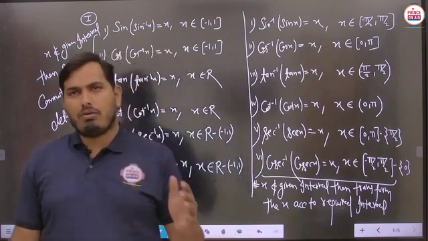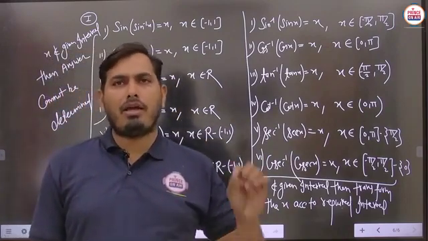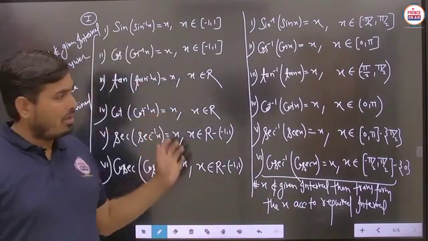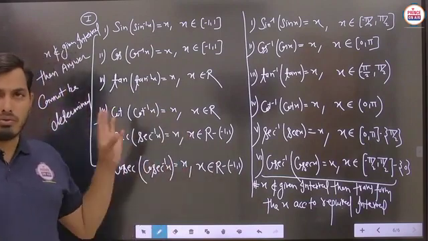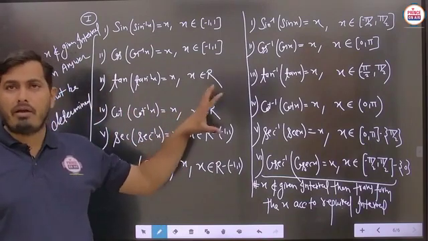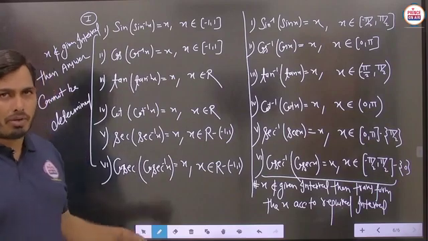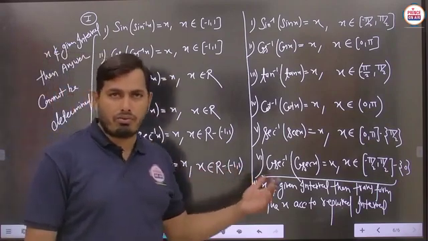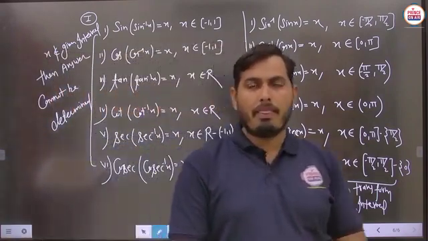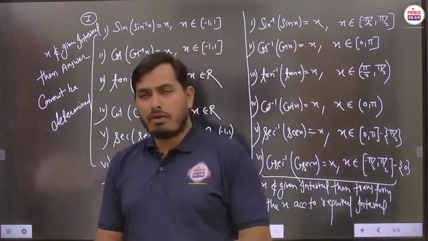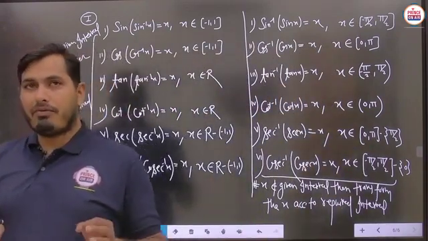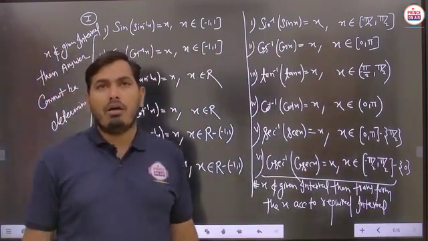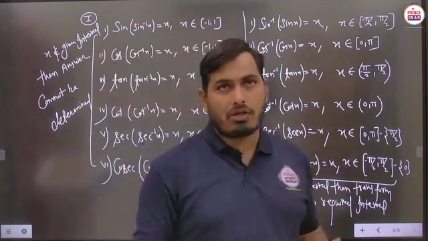So in such a way, you should write this property again and again without seeing the copy, so that you can definitely learn and understand it, and be able to use the properties to solve the questions also. Is it clear? So students, in this video we discussed the very basic and first property related to inverse trigonometric functions.